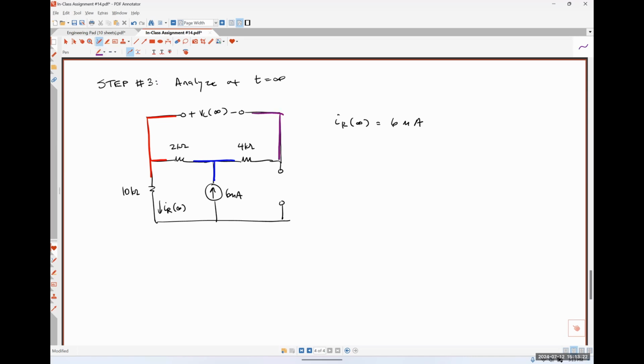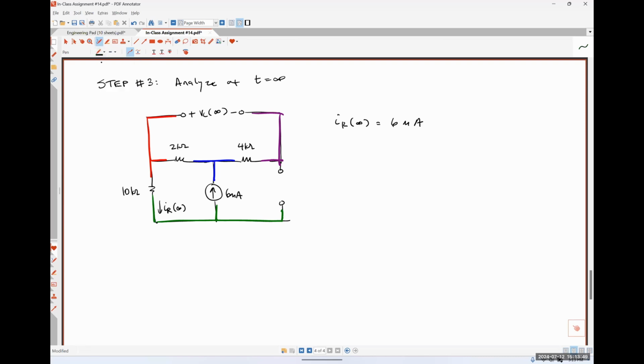Purplish node here on the top right. And then a green node here on the bottom. So it's not in parallel with the 2 kilo ohm resistor because the 2 kilo ohm resistor is between the red and the blue node, and the 4K is between the purple and the blue node. So there are some observations that we can make that'll make this a little easier to figure out.